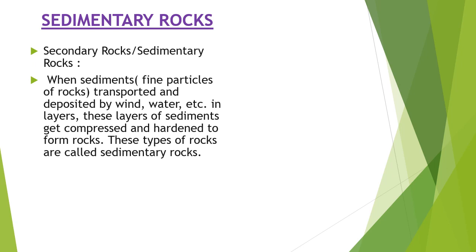When sediments are transported and deposited by wind, water, etc. in layers, these layers of sediments get compressed and hardened and form rock. If rocks form in such a way, these are called sedimentary rocks. They are formed in layers.